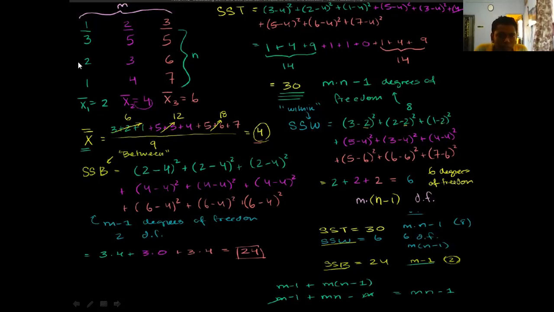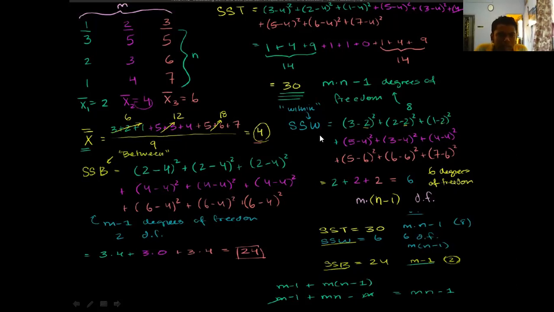For the sum of square within the group, you need to subtract each element from the group mean. So 3 minus 2 whole square plus 2 minus 2 whole square plus 1 minus 2 whole square plus 5 minus 4 whole square plus 3 minus 4 whole square plus 4 minus 4 whole square plus 5 minus 6 whole square plus 6 minus 6 whole square plus 7 minus 6 whole square. So you are getting a value of sum of square within equal to 6.